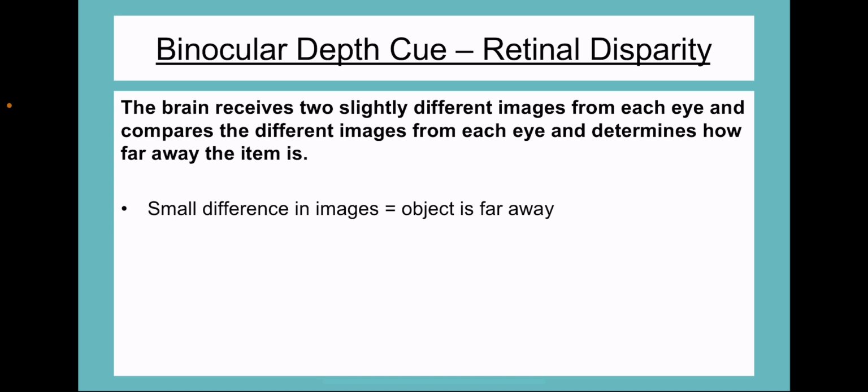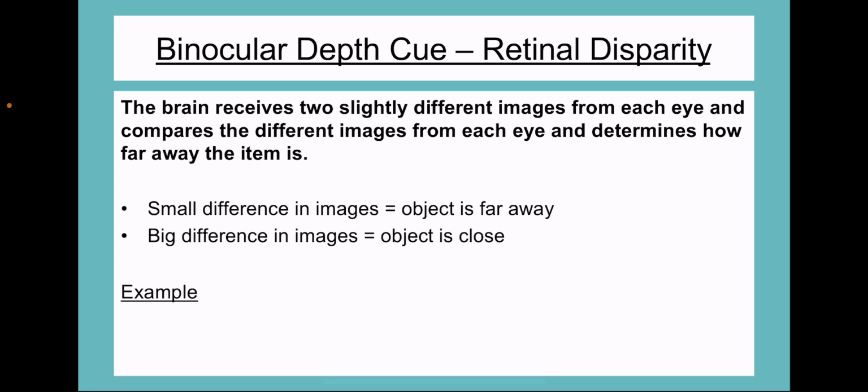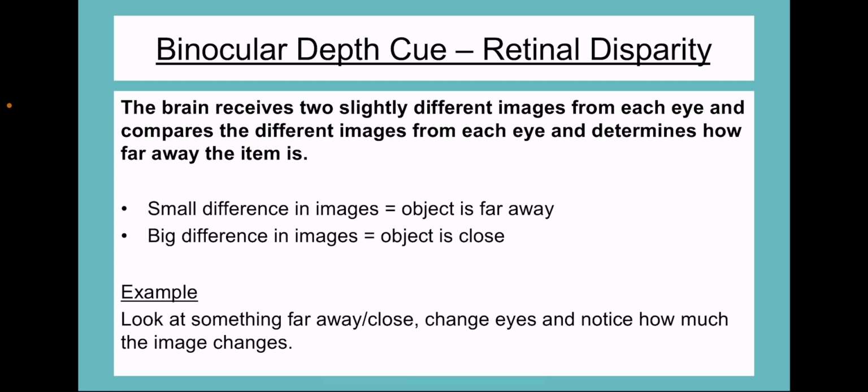If the brain determines that the difference in the 2 images is very small, it would determine that the object is very far away. If the 2 images have a very big difference, our brain will determine that the object is very close.